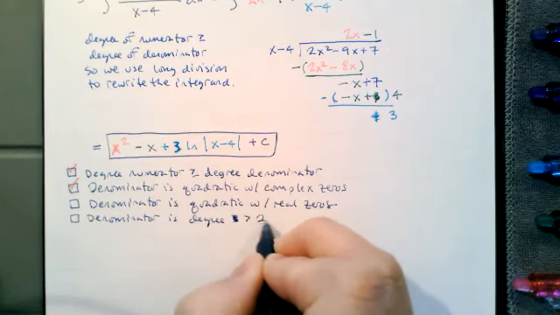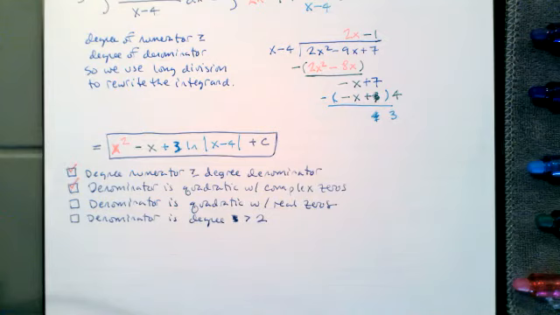Once we've talked about these 4 categories, then we're done. We can integrate any rational function given time and proper motivation to do so.